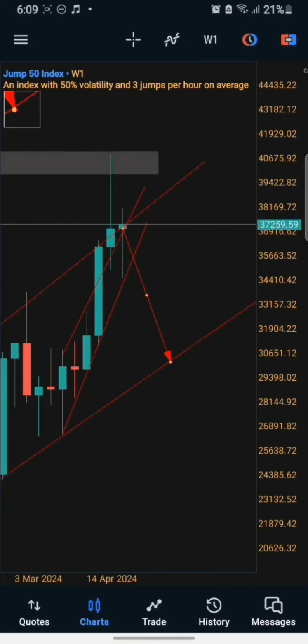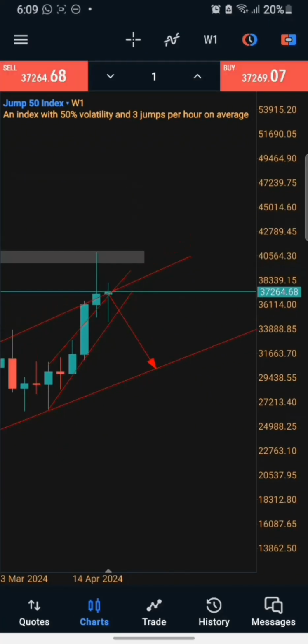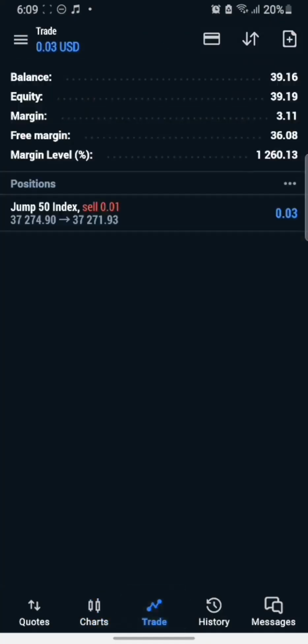As you can see, it was respected and then the market came back into the trend line. So we are aiming for a very strong sell because the market is currently at two resistance points that are very massive. So at this point, it means that the market is not only respecting one resistance line but two.